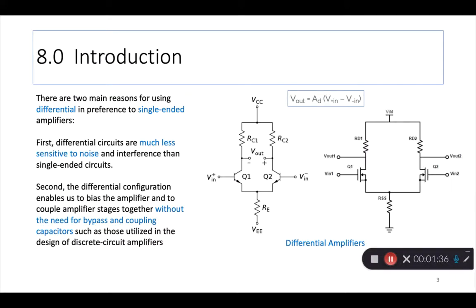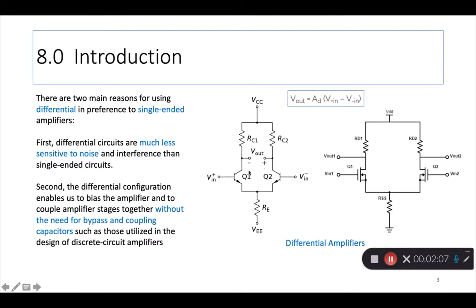Okay, so let's start by looking at something called a differential amplifier. What is a differential amplifier? So far we have seen amplifiers with one device, an NMOS or PMOS device, or NPN or PNP BJTs.